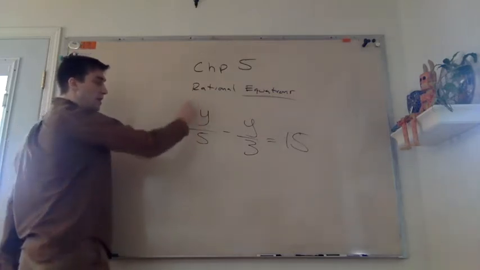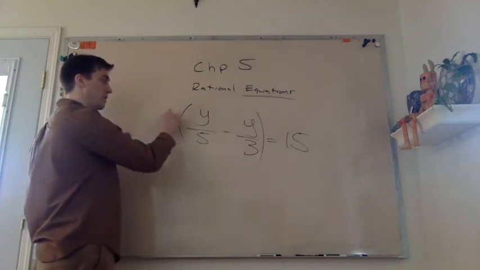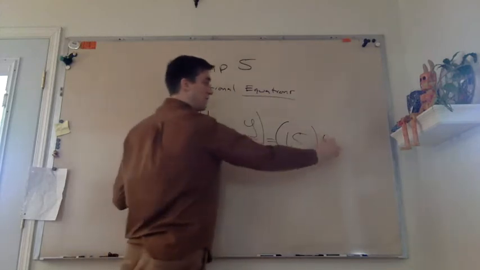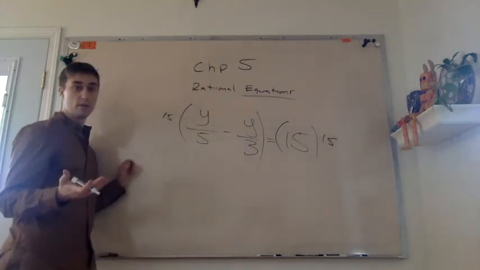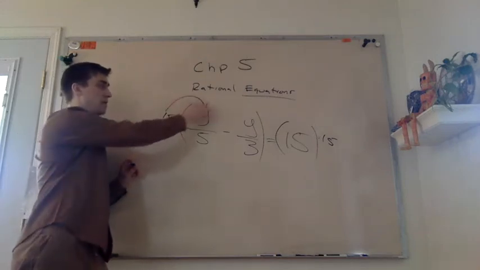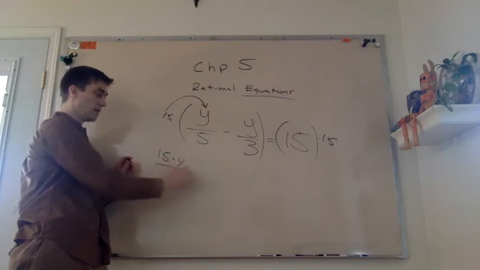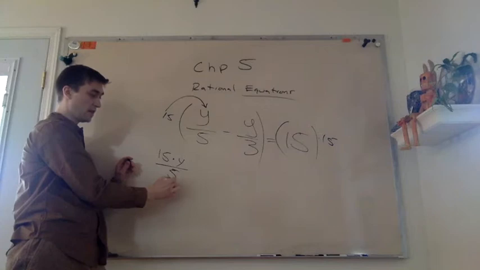I would multiply everything through by the common denominator of 3 and 5, which is 15. Multiplying 15 through on this side means I have to multiply 15 through on this side. So I'm just multiplying everything by 15. 15 times y over 5, I'm going to be really explicit about this, is 15 times y divided by 5. 15 times y divided by 5 simplifies to 3y.